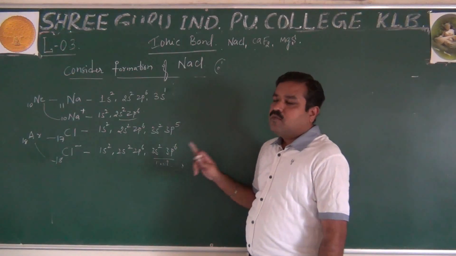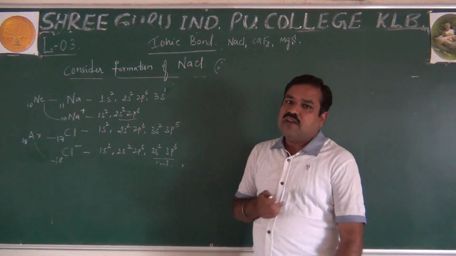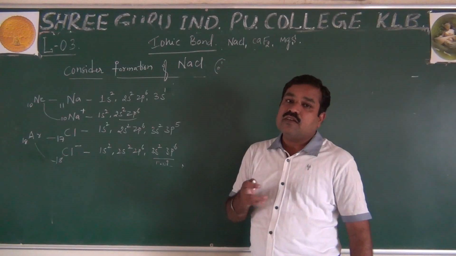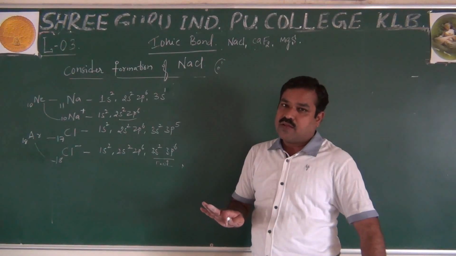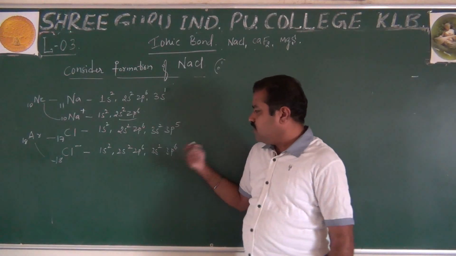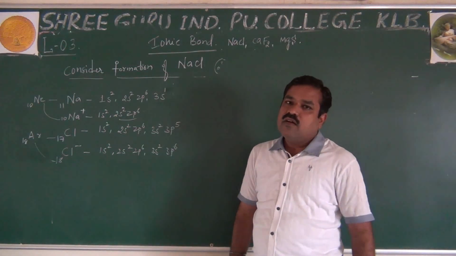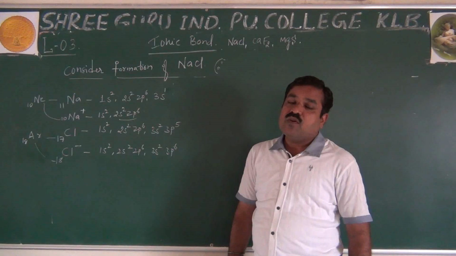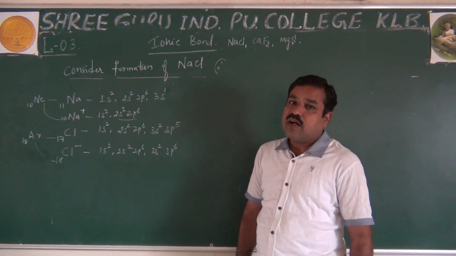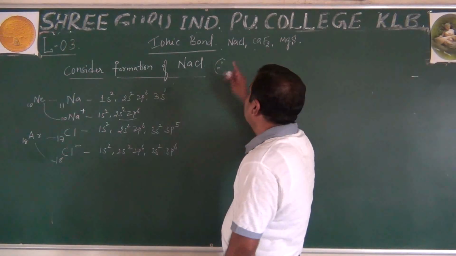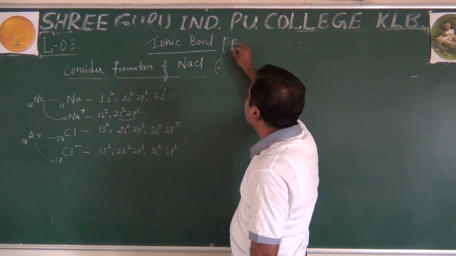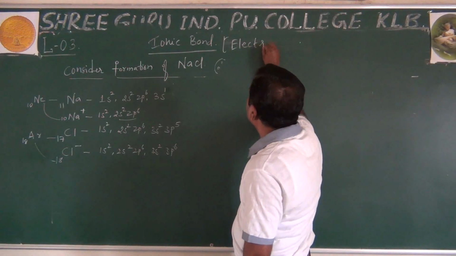Next, the bond which is formed by transfer of electron from electropositive element to electronegative element is also called ionic bond, in a very simple way. So like this you can represent them, and the bond which is formed by force of attraction between oppositely charged ions is called ionic bond. That's why ionic bond is also called by another name, electrovalent bond.